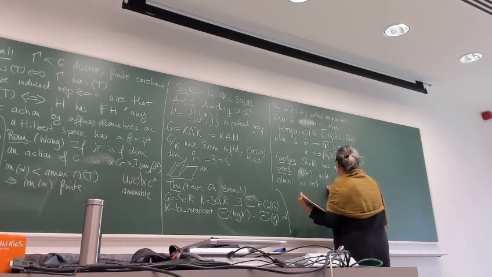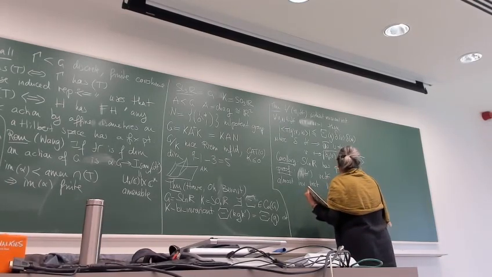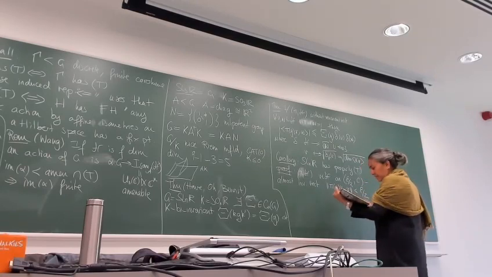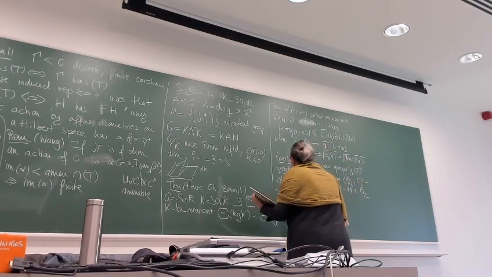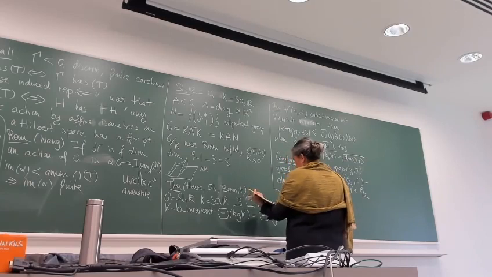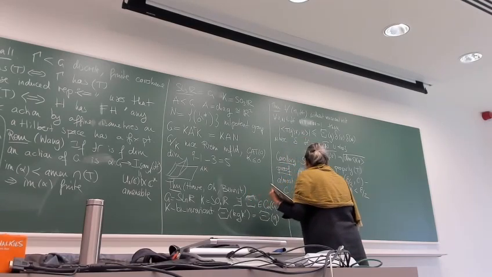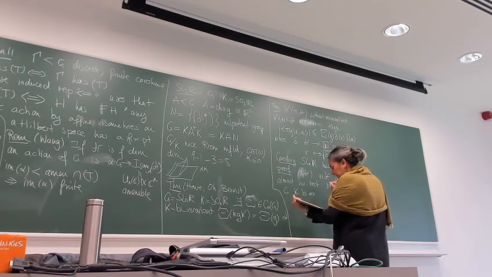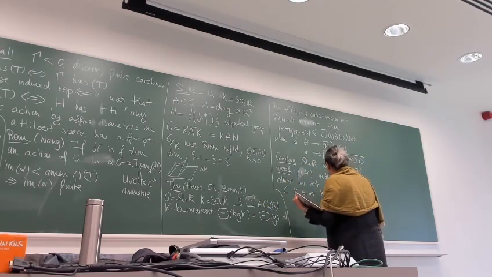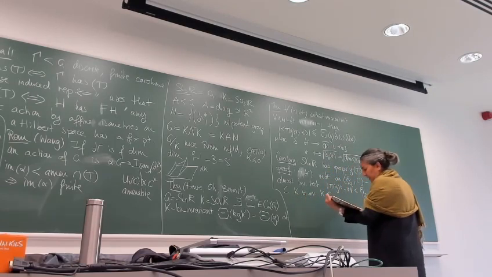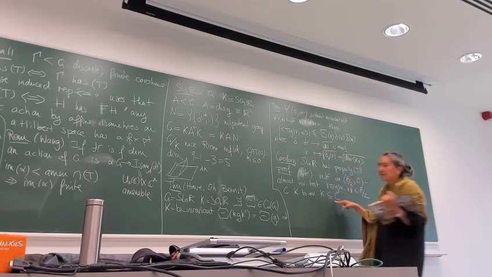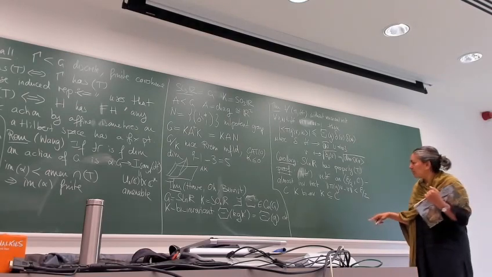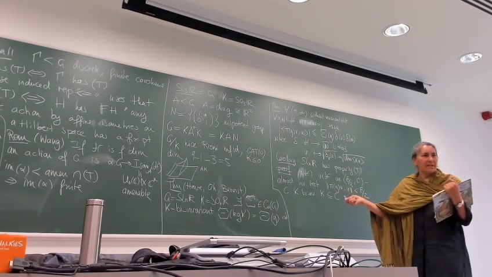So it means that you have pi g v minus v, which is less than epsilon over 2, and you have K C, which is K bi-invariant, and it's a compact subset which contains C, which is K bi-invariant.